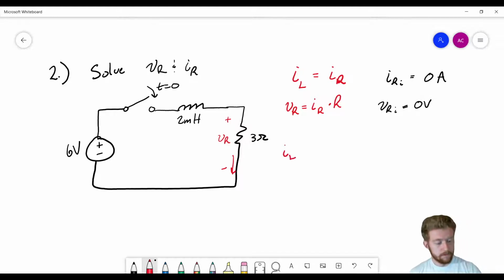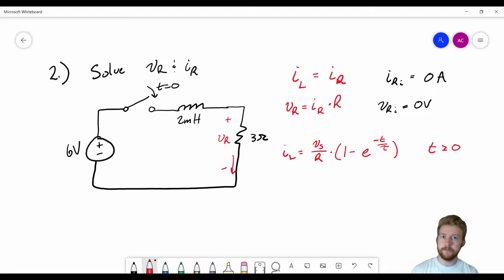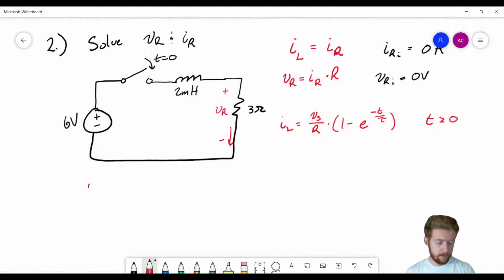So from a previous video, that formula is IL equals the steady state current, which is Vs divided by R, times 1 minus e to the negative t over tau, for t greater than or equal to 0. So what is tau in this case?